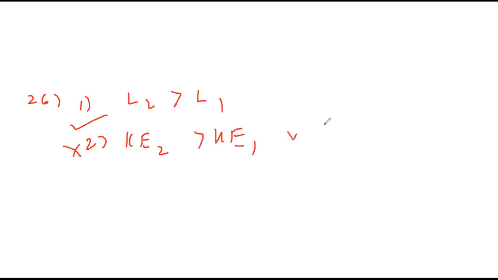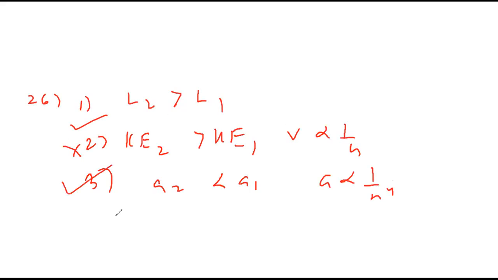Wrong, because velocity is inversely proportional to n. Third, acceleration in second orbit is less than acceleration in first orbit. Acceleration is inversely proportional to n to the power 4. So this is also correct. So statements 3 and 1 are correct. B is the option.